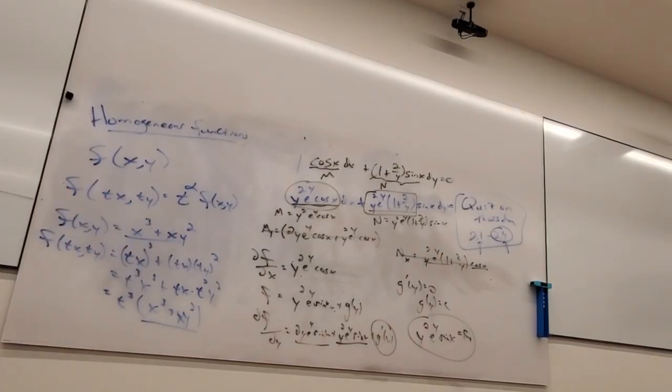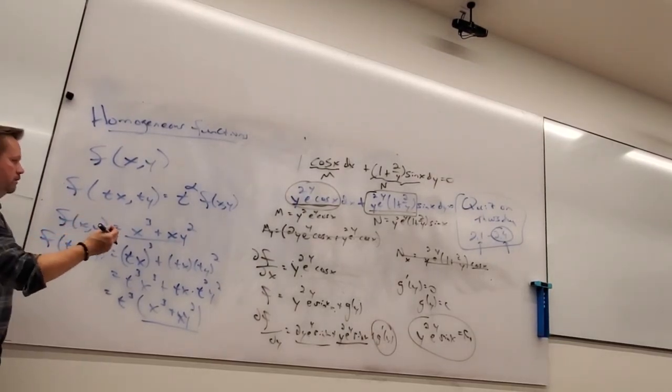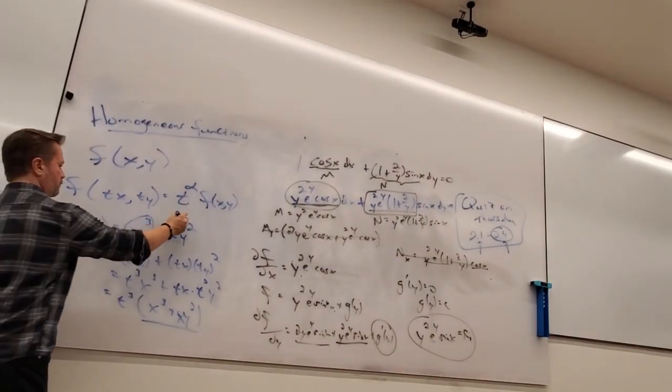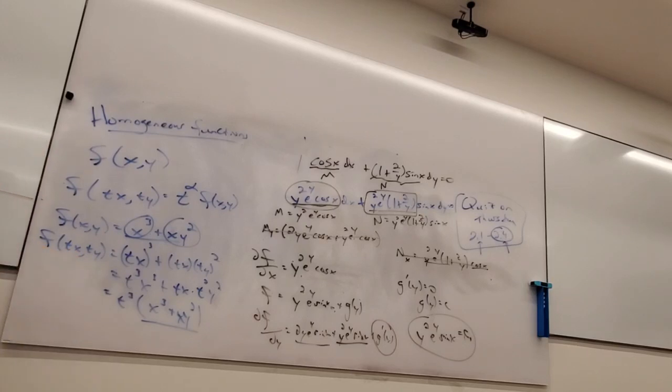Do you all see an easier definition for this? What kind of function would I call homogeneous? You can do it. What's the degree of this term? What's the degree of this term? Third, good, right?